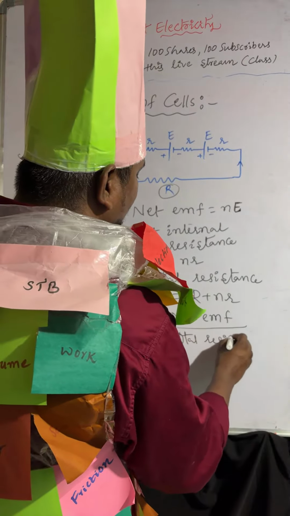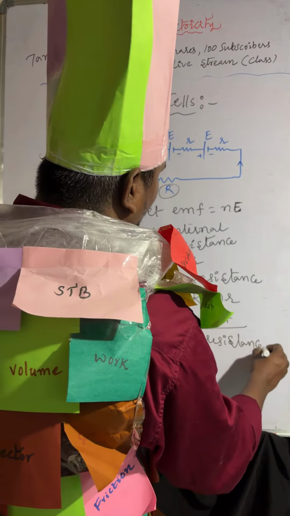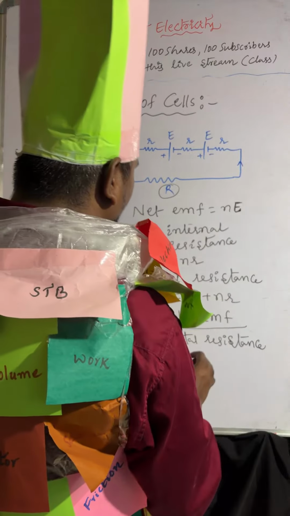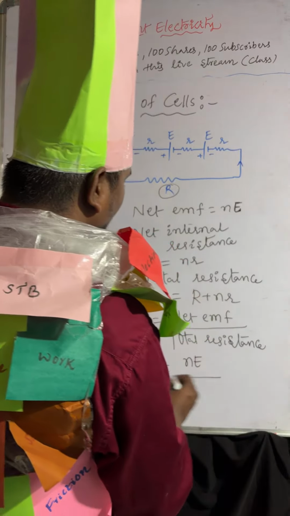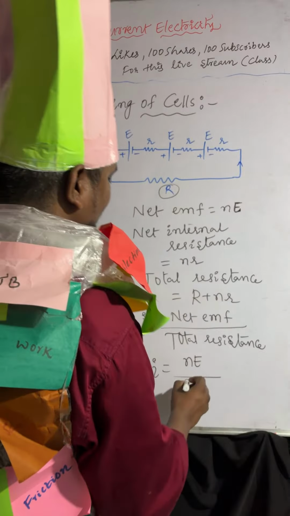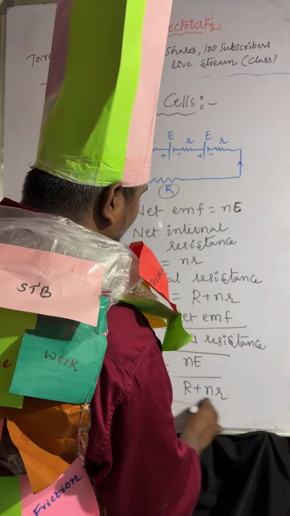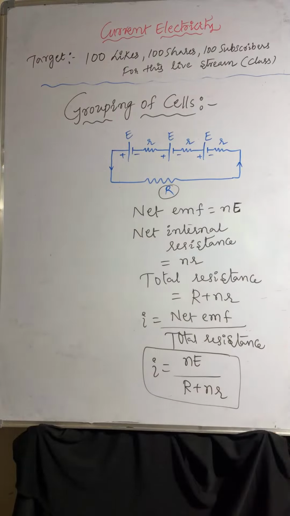That is I equal to nE by R plus nr. Okay, so that's enough. That is about cells connected in series combination.